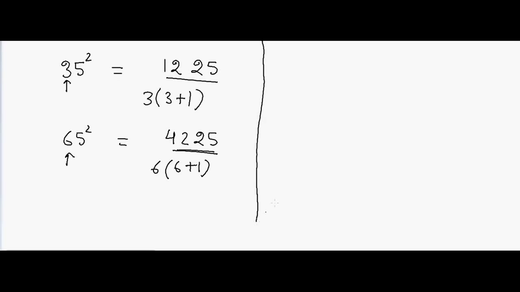So how does this trick work? Let's look into that. Suppose we have any number which ends with 5. That number can be written as 10 into x plus 5. Here, suppose if x is equal to 3, then this number will be equal to 35, right?